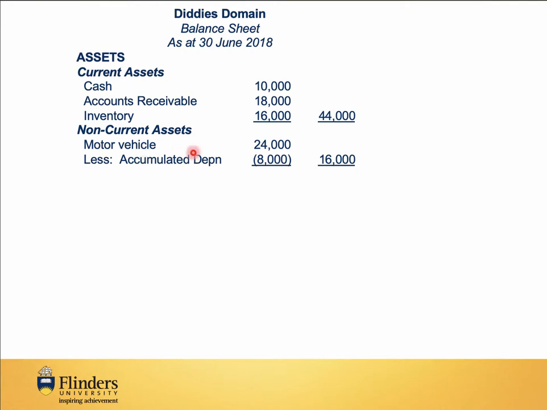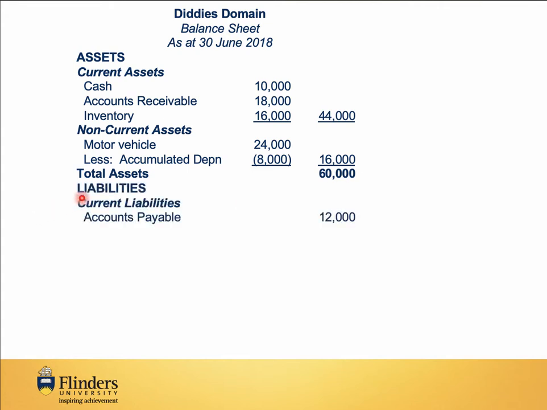There was only one non-current asset, a motor vehicle, worth 24,000, minus accumulated depreciation of 8,000. So 24,000 minus 8,000, that gives us 16,000. We add the current asset total with the non-current assets total, and the total assets would be 60,000. So 44,000 plus 16,000 gives us 60,000.